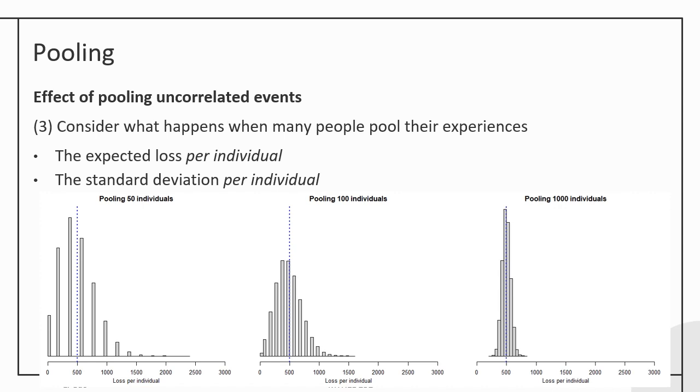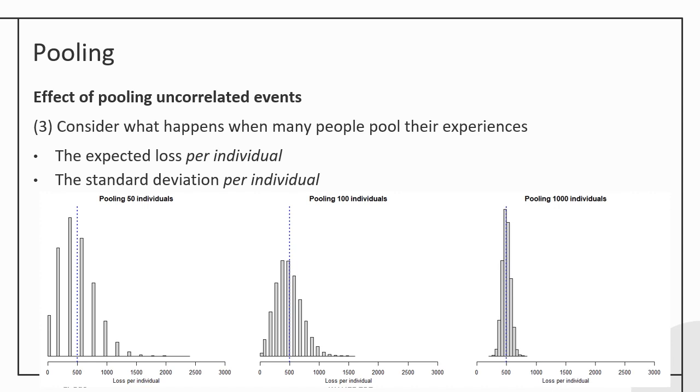We can also see here that the pooled and shared losses for an individual, the distributions are becoming more and more normally distributed as well. And again, there's going to be more of this in Stat 230. I don't expect you to know what a normal distribution is by definition, but you can basically think of it as your standard symmetric bell curve.